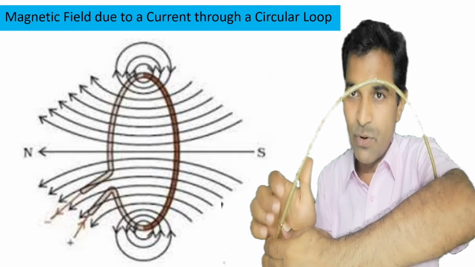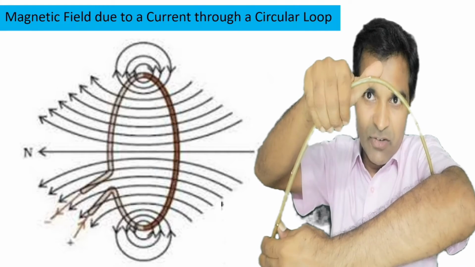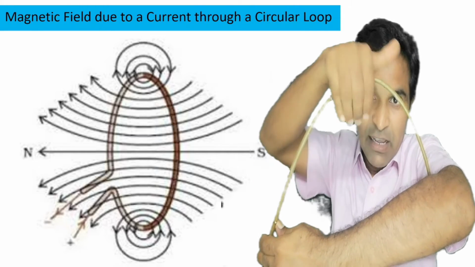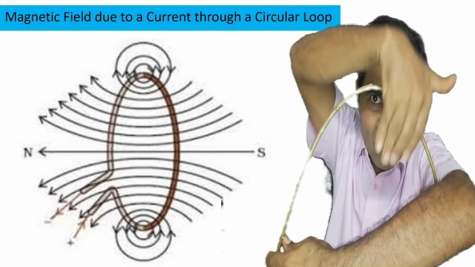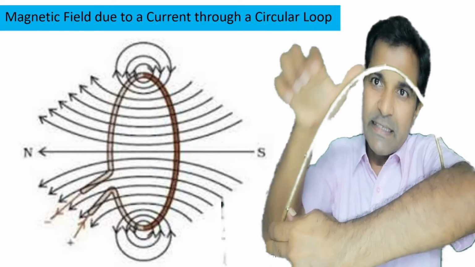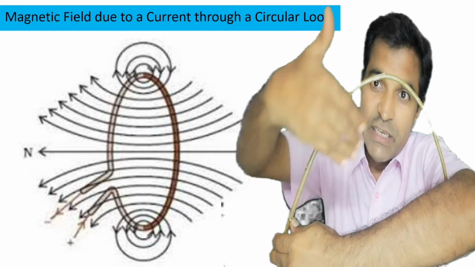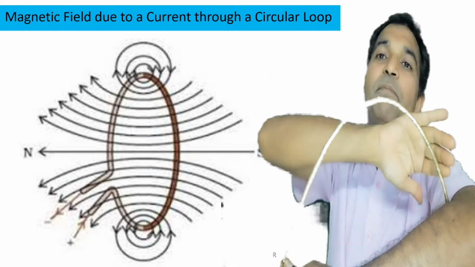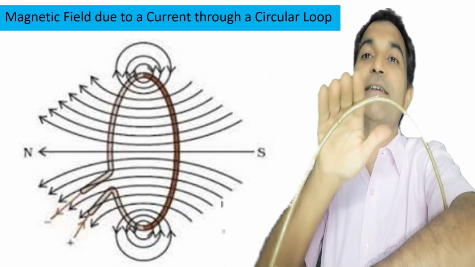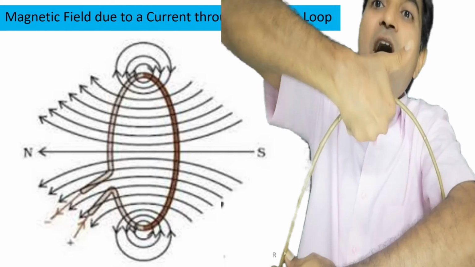According to the right hand thumb rule, direction of current, direction of magnetic field, direction of current, direction of magnetic field. So it is very clear that this will be the direction of magnetic field. If this is the direction of current, then inside the ring, this will be the direction of magnetic field. And outside, at the periphery of the conductor, the direction of the magnetic field will be coming out, right?